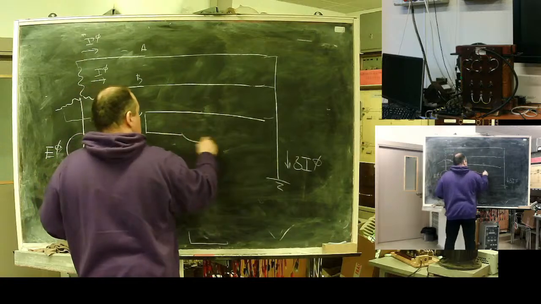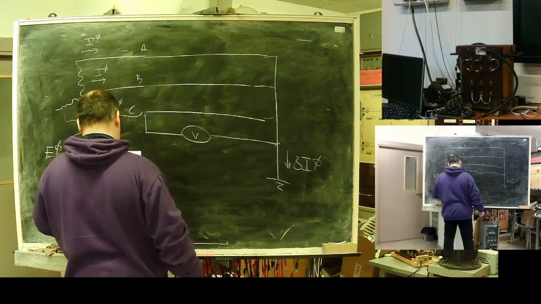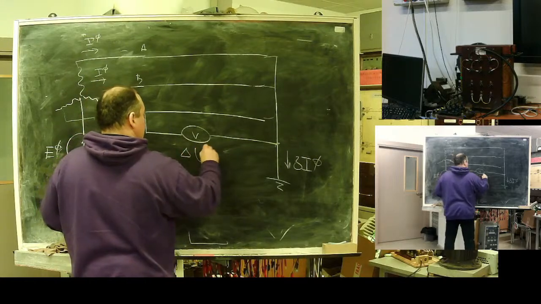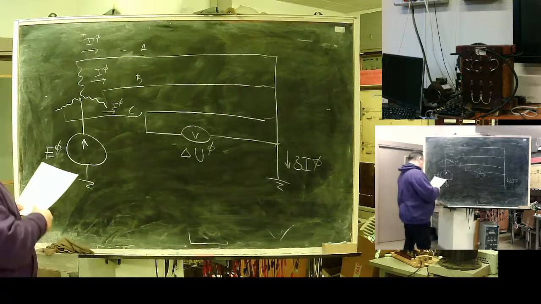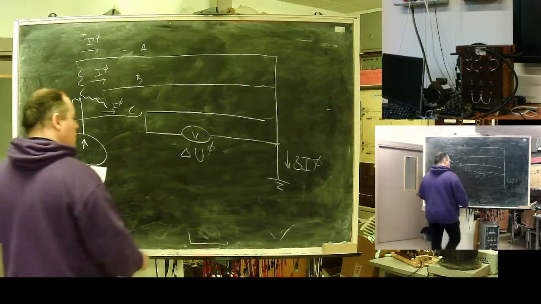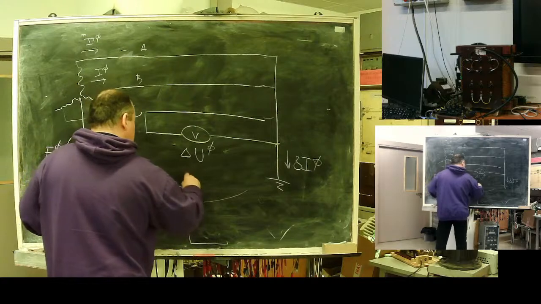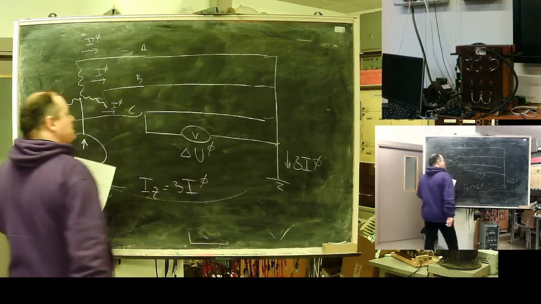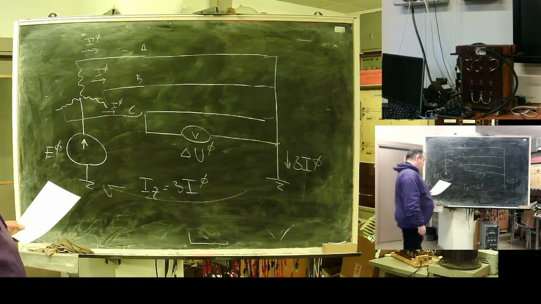And I can add a voltmeter. It will show me the voltage drop in zero sequence. Delta is 0. Here, ground current, triple zero sequence current. This is the model for zero sequence.